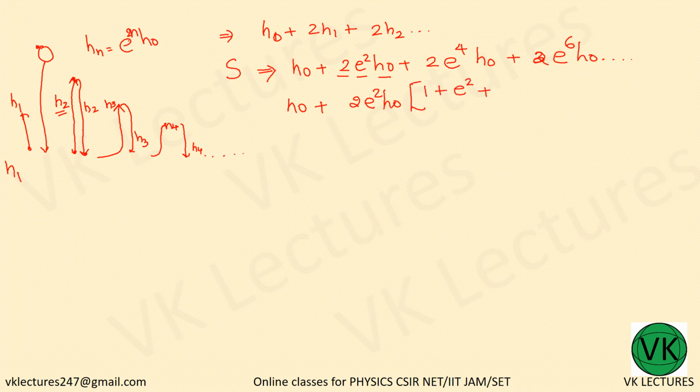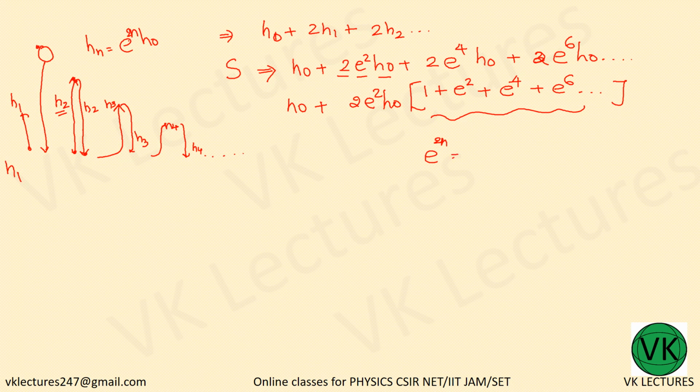This will be e to the power, this is e square, then e to the power 4, then e to the power 6, it goes on, right? Now here you consider what you want. This is first term, second term, third, fourth. So it goes on like this, e to the power 2n, right?